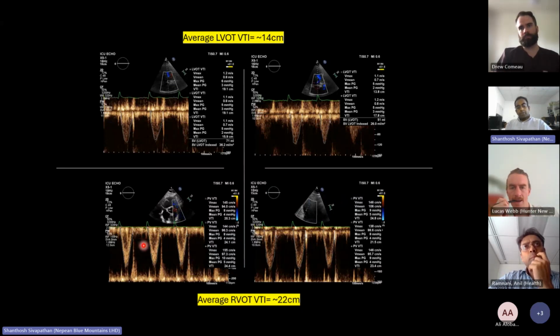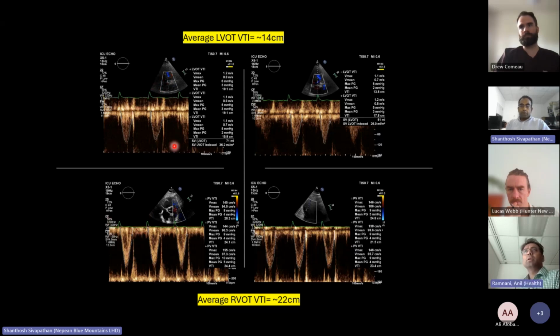You want a good envelope, with a thicker line and a hollow line inside, whereas the LVOT VTI looks all hazy and you don't really know what you're measuring. So that's one way to say, I need a better trace. You may need to realign your probe or your sample volume to get a better envelope.